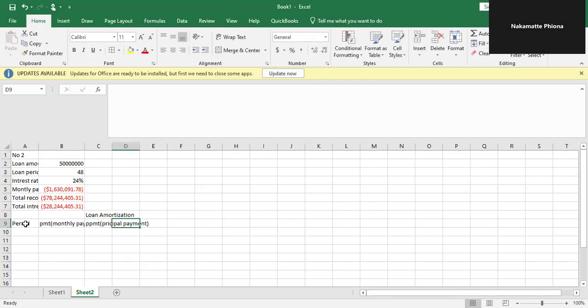We have IPMT as interest payment. We have outstanding, outstanding balance. We have principal balance.